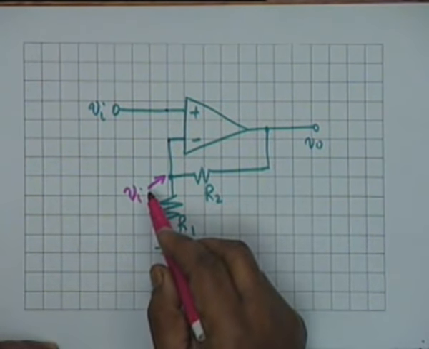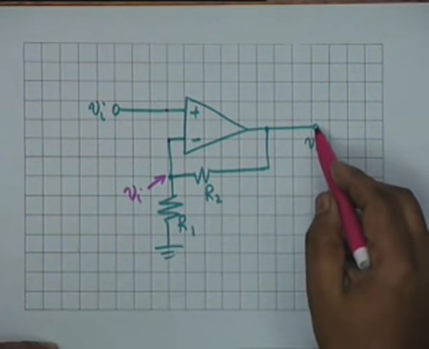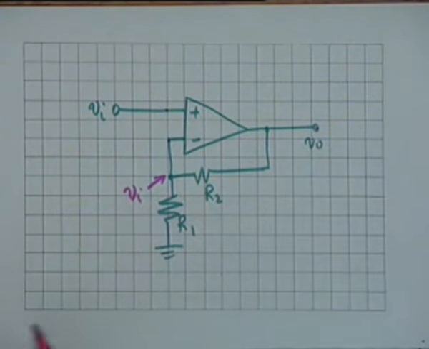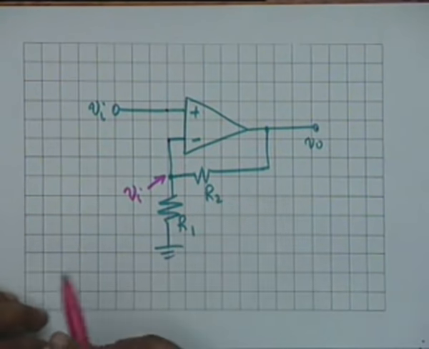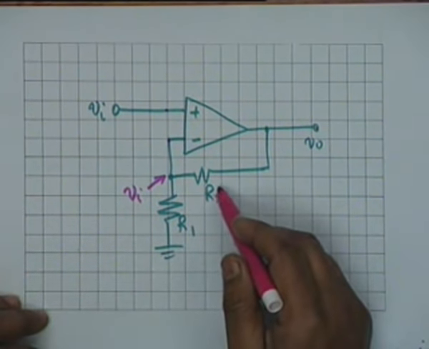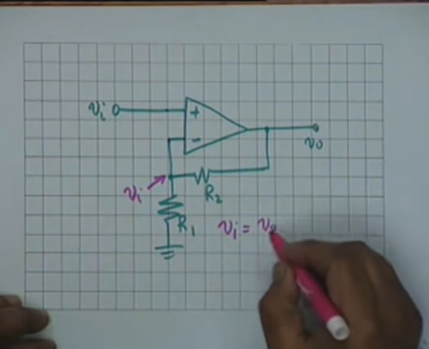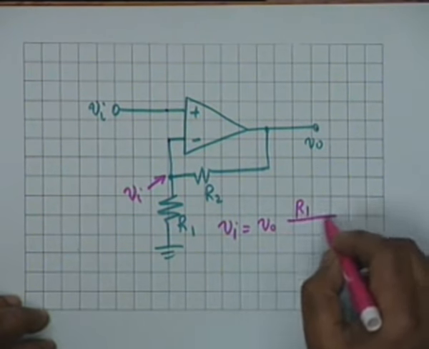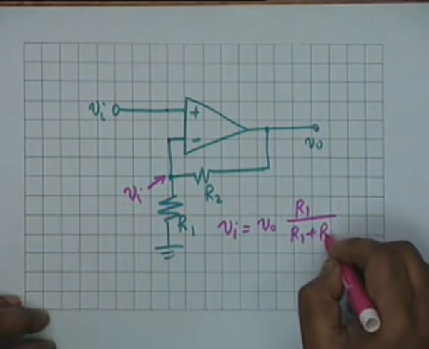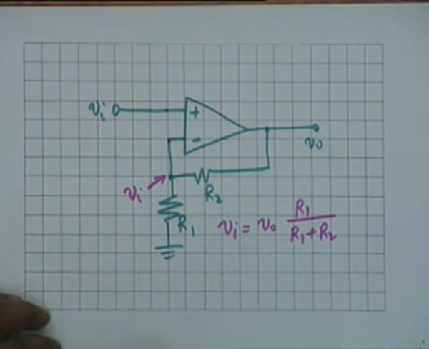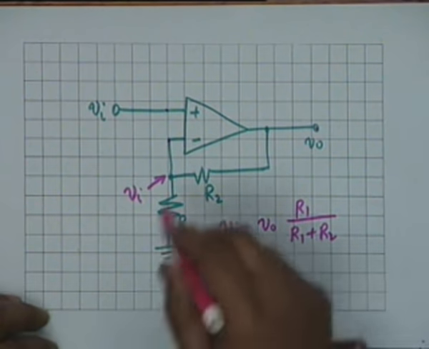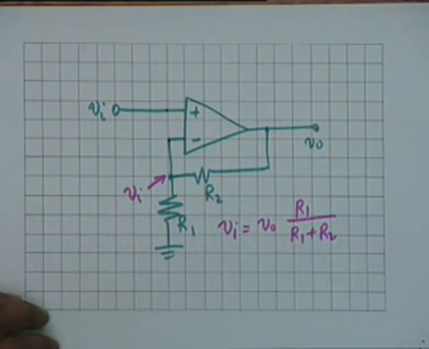As far as V0 and Vi are concerned, there is simply a potential division between R2 and R1. In other words, Vi should be equal to V0 times R1 divided by (R1 plus R2). Agreed? You see how simple the analysis is?